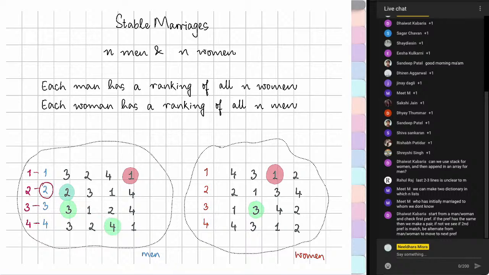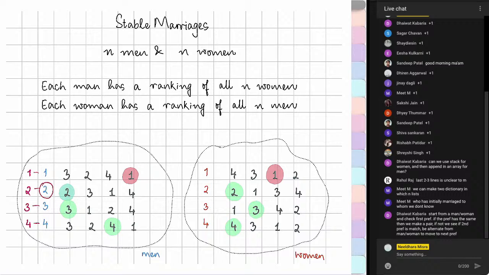So as of now, we see a danger sign as far as the pairing 1-1 is concerned, because here 1's favorite preference on the men's side is 3, and 3's favorite preference is also 1. So there's some mutual affection there, and they would be willing to essentially trade off their current partners for each other. And this is exactly the situation that we want to avoid, right?